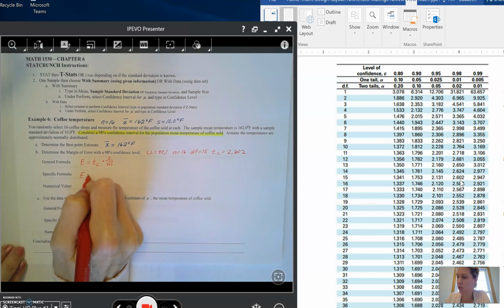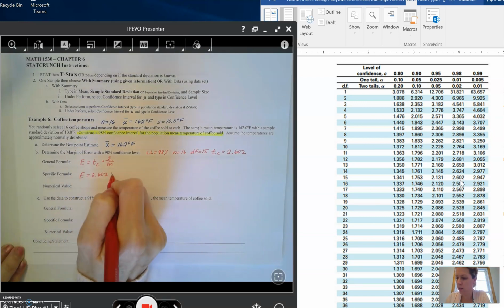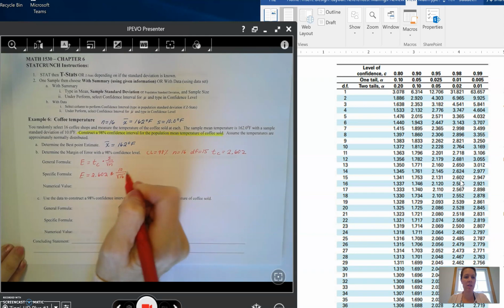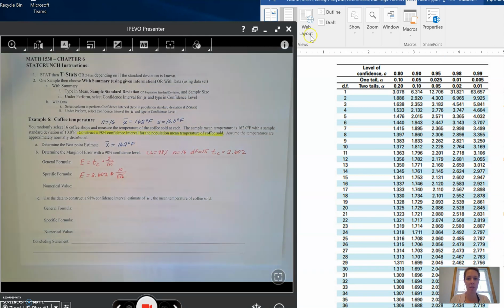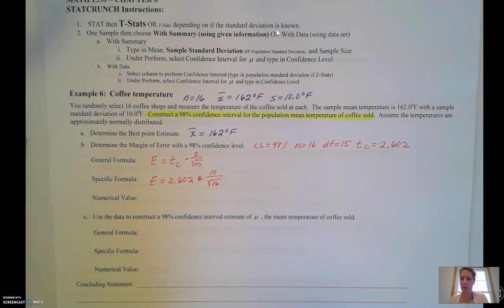E equals 2.602 times S, which is 10. I'm just going to abbreviate it: 10 divided by square root of 16. Let me go ahead and make this a little larger for everybody. There we go.